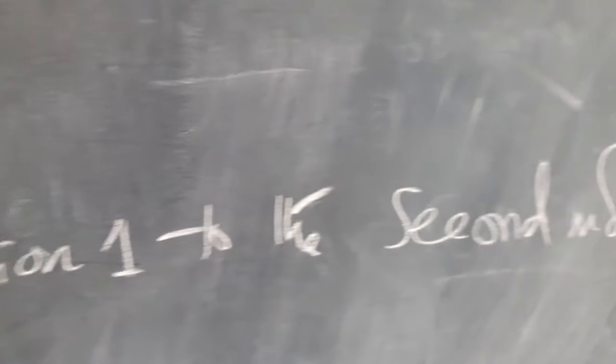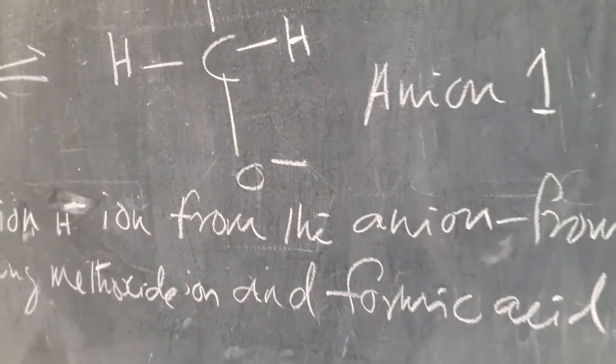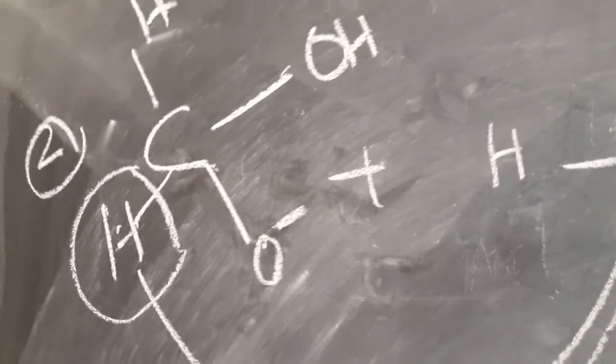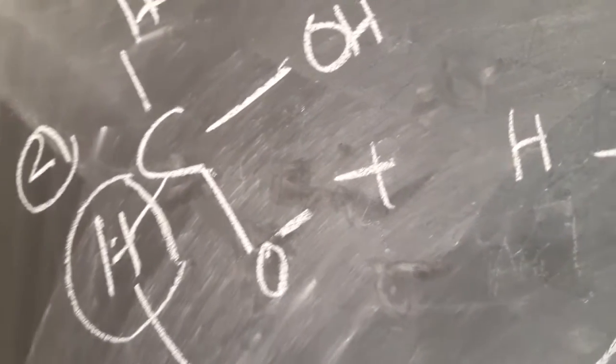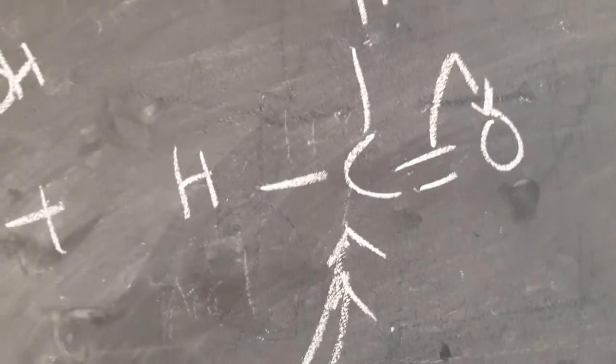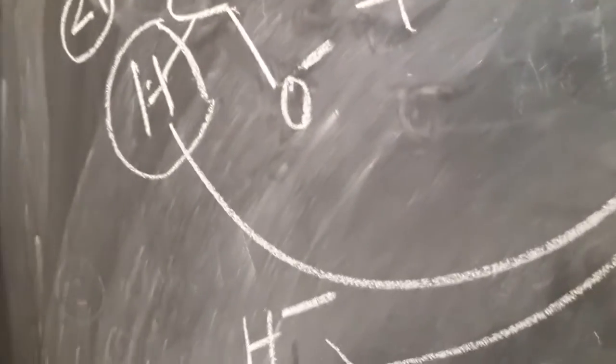The second step is transfer of a hydride ion, that is H minus ion, from the anion 1 to the second molecule of formaldehyde, forming a methoxide and formic acid. So I have written it here. This is anion 1, which is already written, and for that, another molecule of aldehyde. So what is taking place?